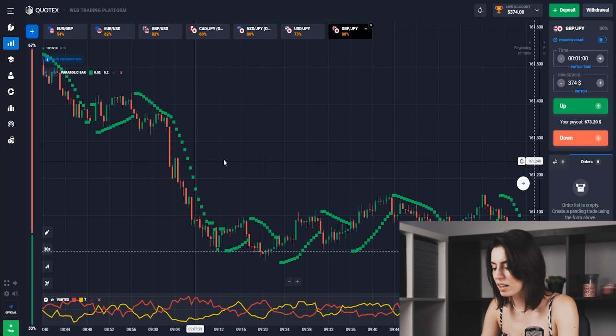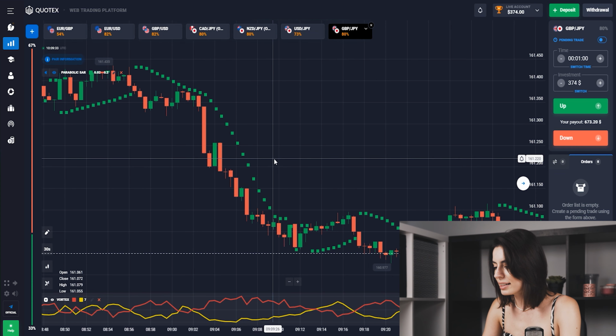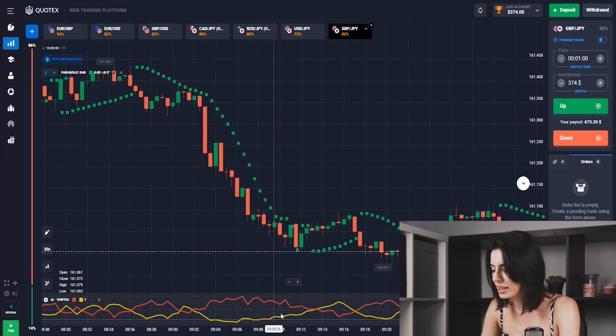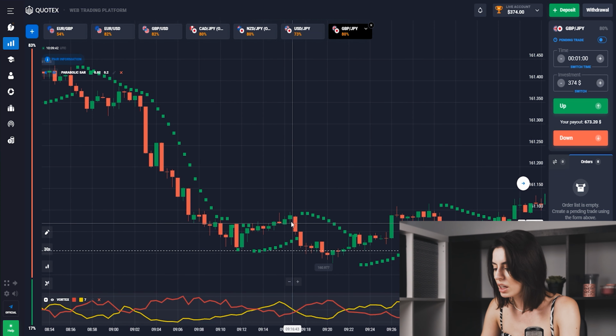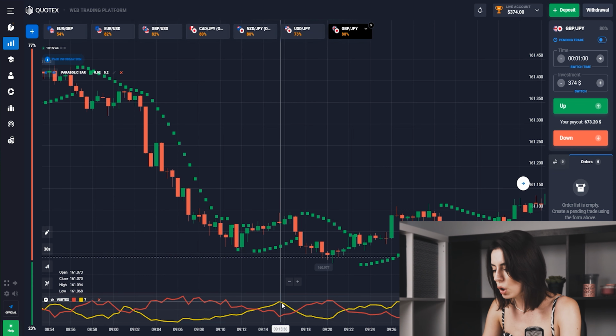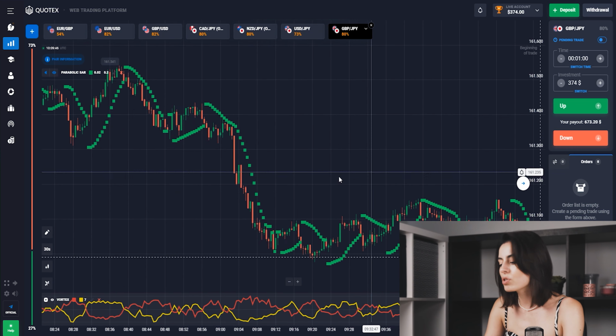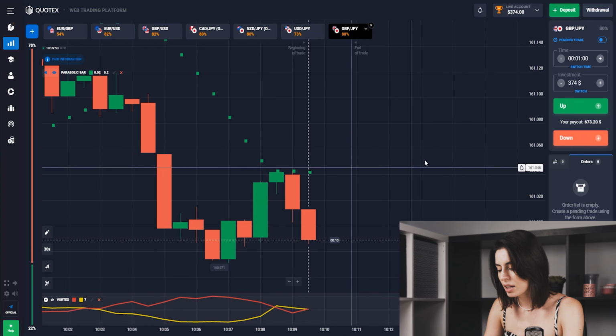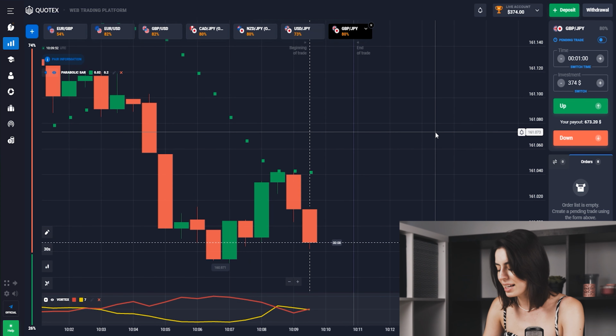It's not quite correct to make tiny bets using just this indicator. This is just about where we are going in general. So it's done. This is how it's going to look for us.